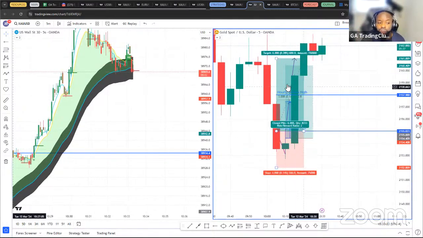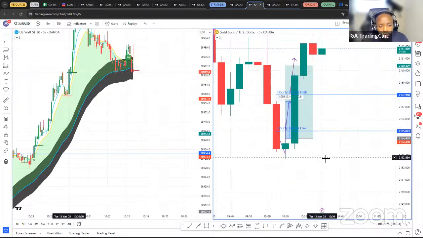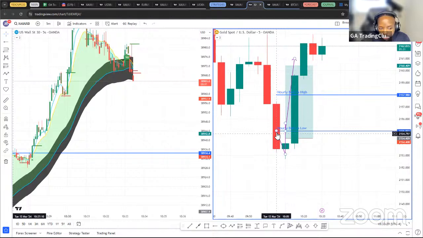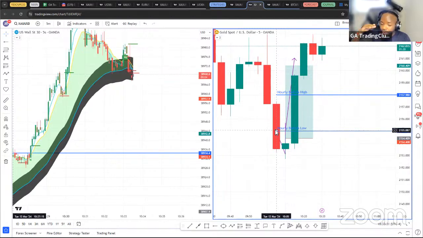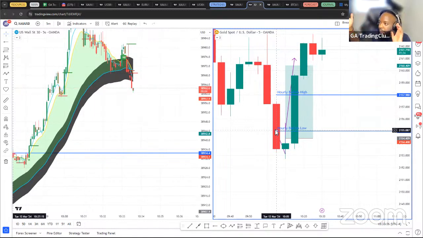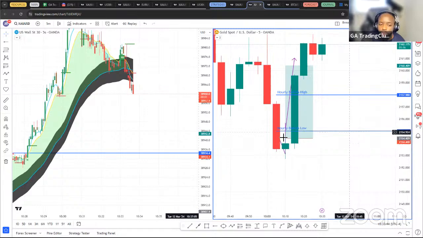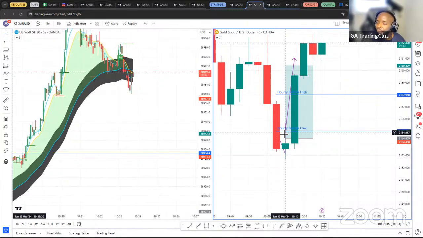But most times, how price reacts from these zones is that price will get to that hourly bullish low, have that rejection, and you can still use this analysis for a bearish order block. So price will get to the low of a bullish order block or the high of a bearish order block, and then do a stop hunt, because they know there are people who have their pending orders here.